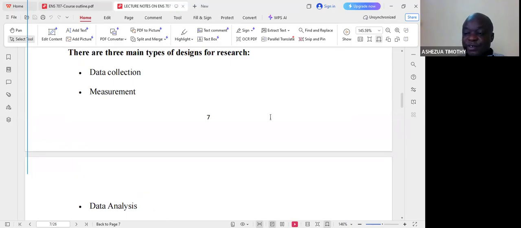Data collection is very, very key to a very successful research output. You collect data, measurements, then you analyze your data, and when you analyze this data, you now draw reasonable conclusions that the end users can make use of your data.